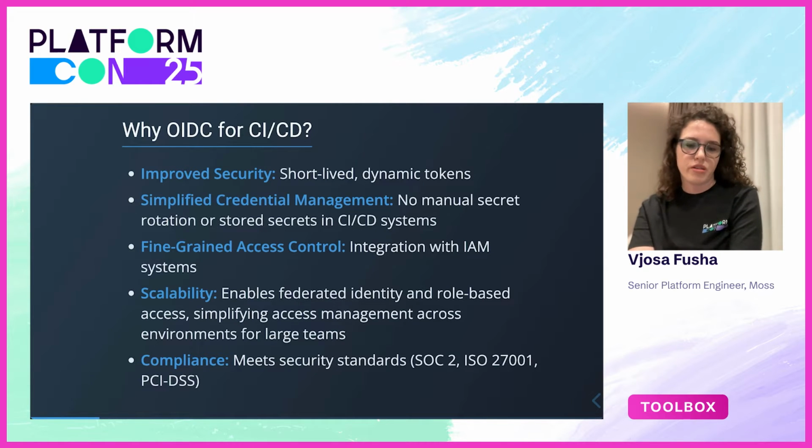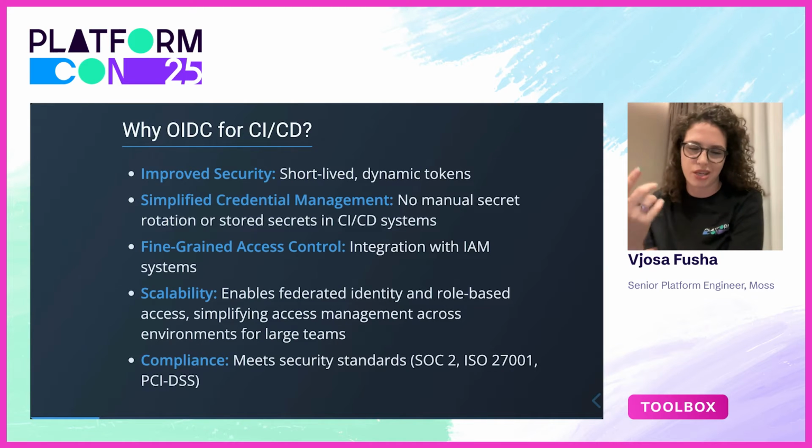So the identity provider, such as AWS, Azure, or GCP, issues tokens on demand. Also, it integrates really well with cloud identity and access management systems, and it enables precise control over which resources the CI/CD pipeline can actually access.